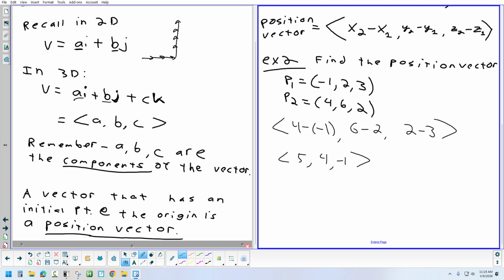Yep. 5i plus 4j minus 1k. Yep. Okay, both answers are fine. Just make sure you read the directions on the test when it asks for a certain format and use the format they ask for. Any question on finding a position vector in 3D?